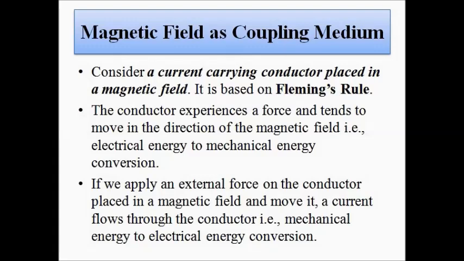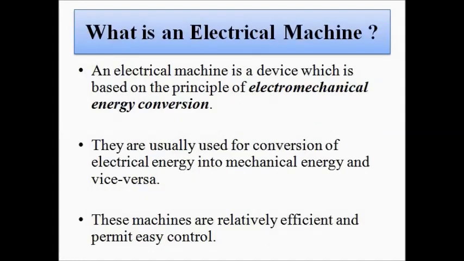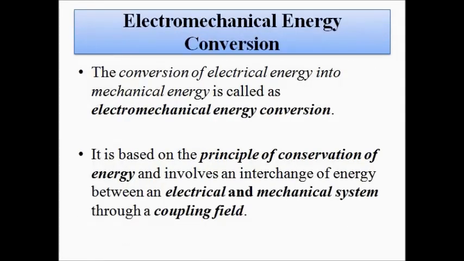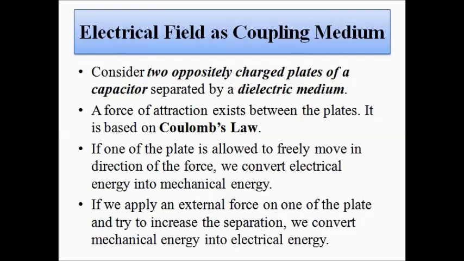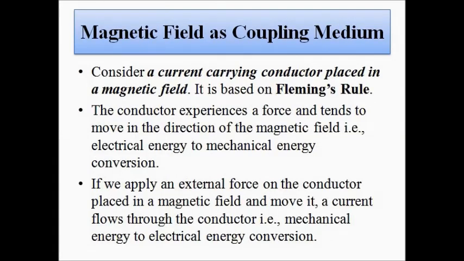These are some of the basic introductory concepts that we have discussed about electromechanical devices or electrical machines. We started from the basic definition of the electrical machine, the principle of electromechanical energy conversion, the components of the electromechanical system, then the electrical field as the coupling medium, and then the magnetic field as the coupling medium.